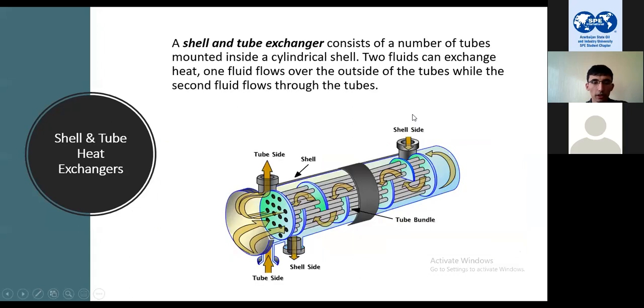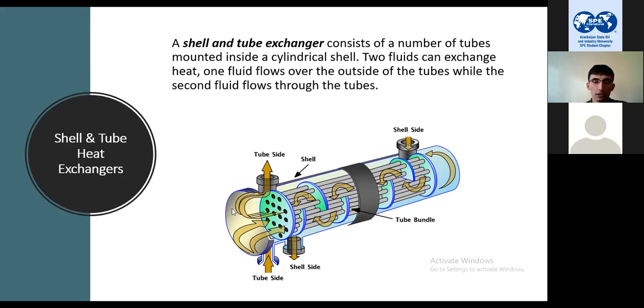The other type is the shell and tube heat exchanger. It consists of a number of tubes, as you can see, these tubes. By the way, this metal piece is called a baffle. It's used to help keep the tubes together inside the exchanger.